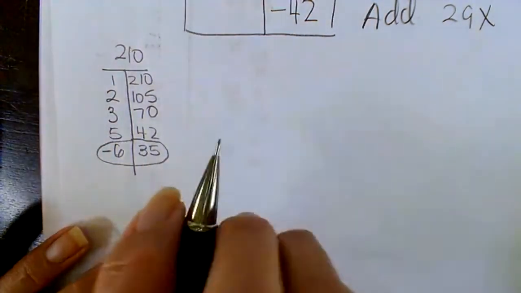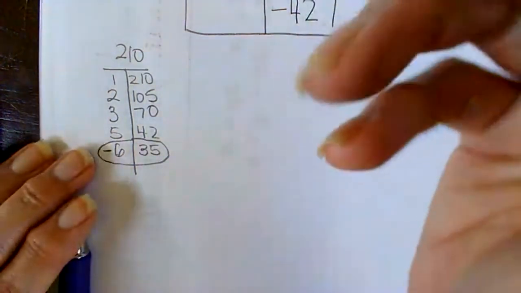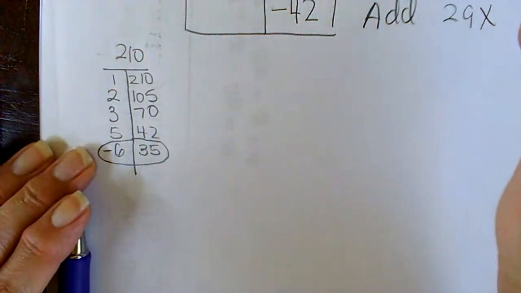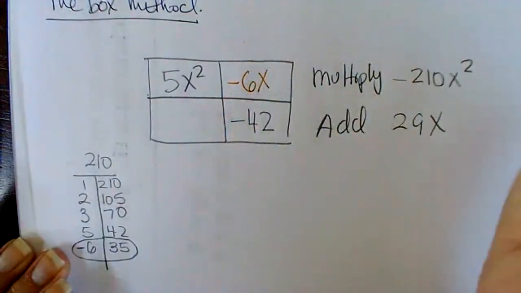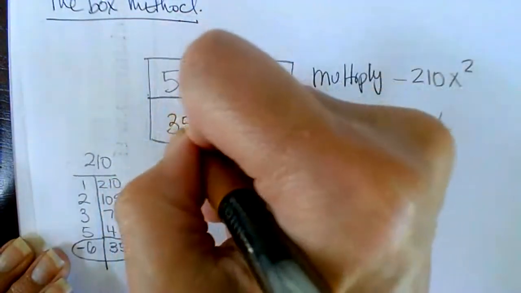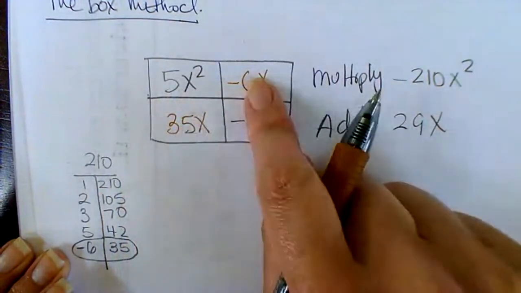So now we have, let me write down, negative 6x is gonna go here, and 35x. It does not matter where they go. You can just switch them.